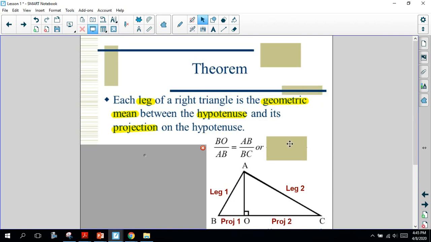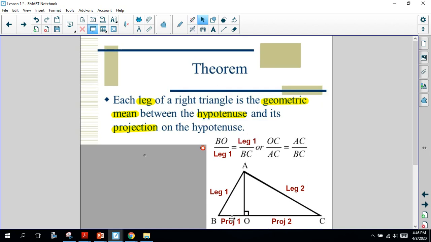And this theorem gives us actually two different proportions because Papa Bear has two legs. Papa Bear's second leg is also a geometric mean. So here, this second leg of AC is a geometric mean between the projection of OC and the entire hypotenuse of BC. So here we go. I don't really remember the letters. I remember the words.